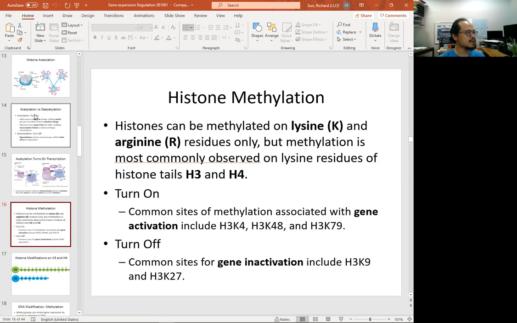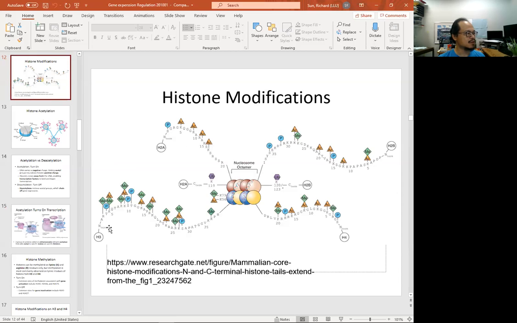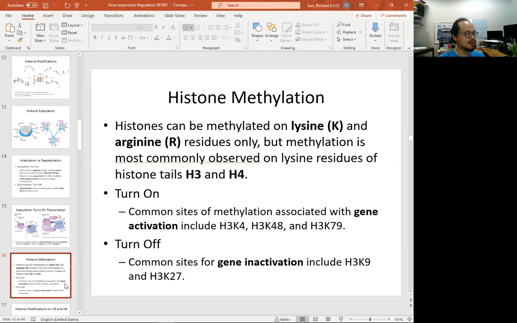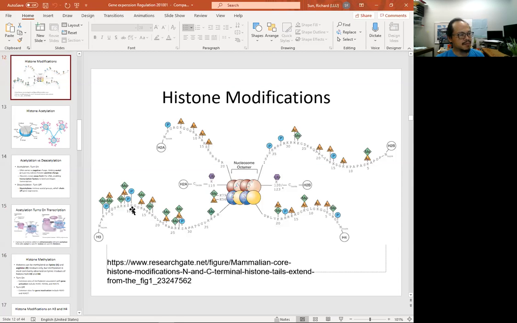H3K48, H3, 48 right here. This one, K48, is turned on. But don't memorize it. You have the idea. That's good enough. Okay, because there are so many methylation sites, and there's no way that we can memorize all this unless we do this every day.